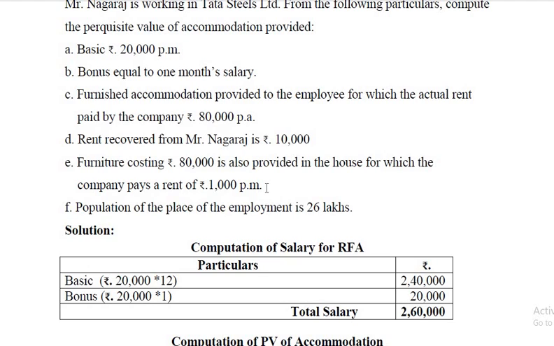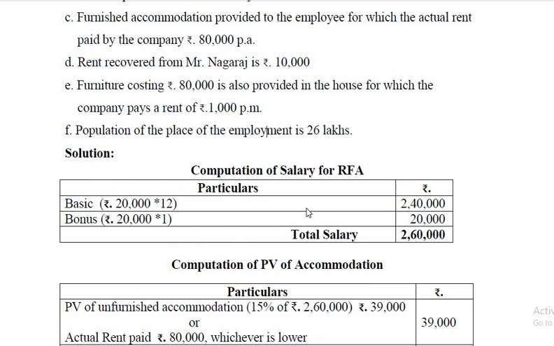As far as furniture is concerned, if the furniture is owned, 10% of original cost should be taken. If it is hired, you have to take the hire charges or rent paid for that furniture. So it is the second one to be taken here, that is actual rent paid for the furniture, that should be added.